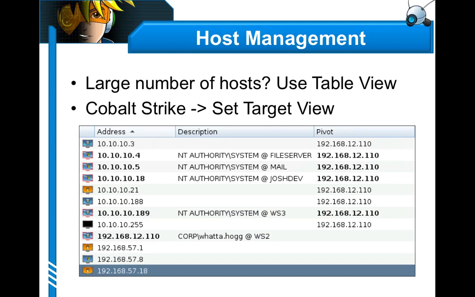The description field, that's filled in when a host has been successfully exploited with the name of the host and the username. The pivot information is displayed as well. If the pivot column has a value in it, then that means this is the address that traffic for the host in the address column is routed through. And a bold value in the pivot column means that the pivot is in use. Like I said, same stuff as the graph view.